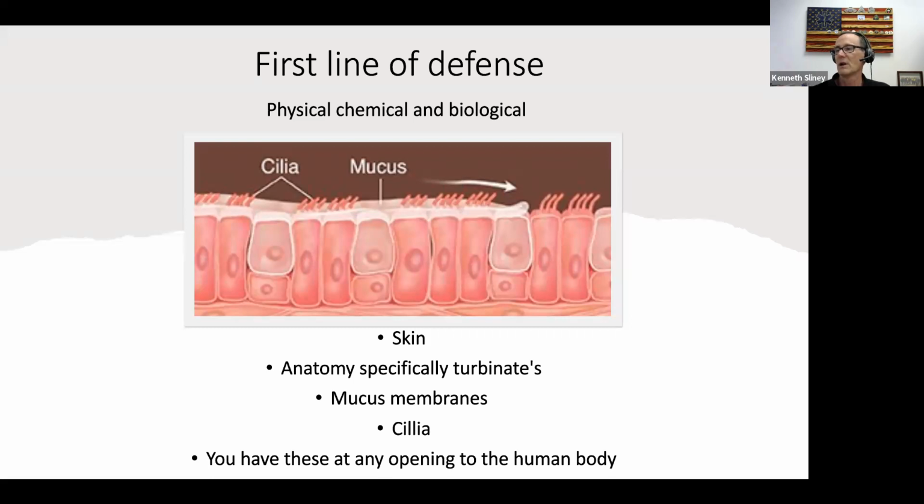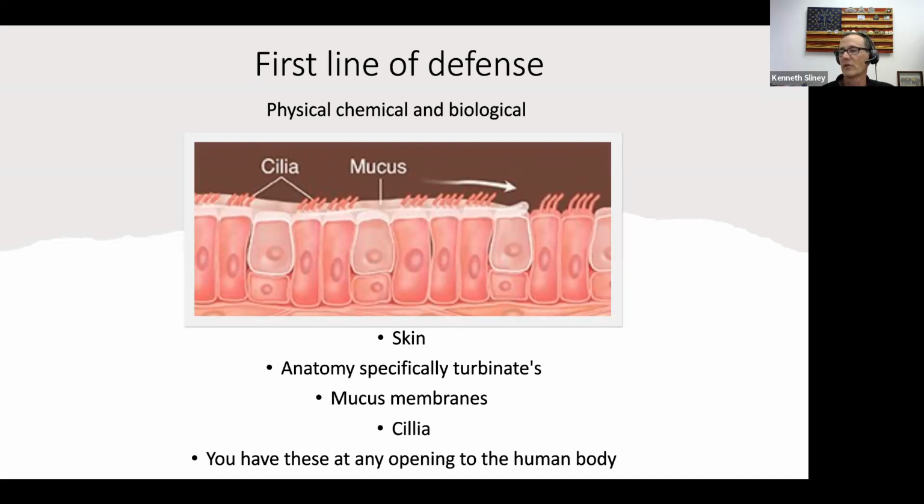But you have other systems that are part of the first line defense. As you can see in the slide, mucus and cilia. And you have specific physical attributes such as the turbinates in your nose that are designed so that the air flows back and forth and can be better filtered by the cilia and the mucus.